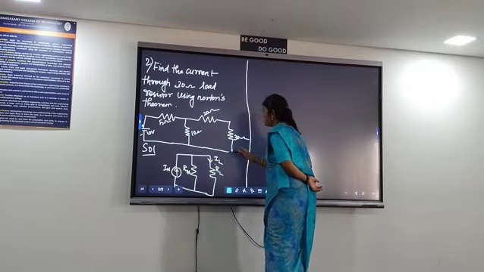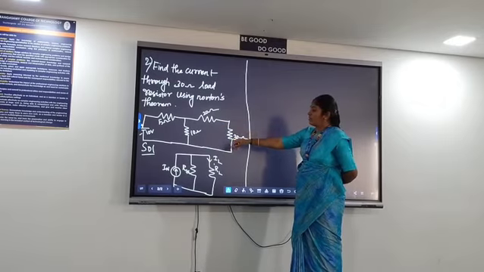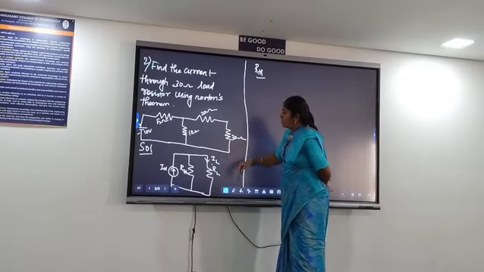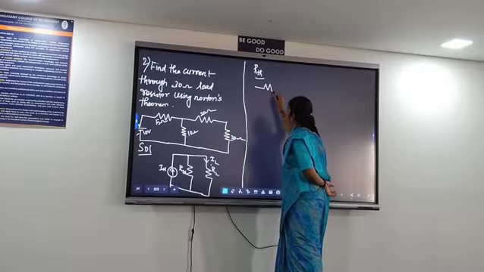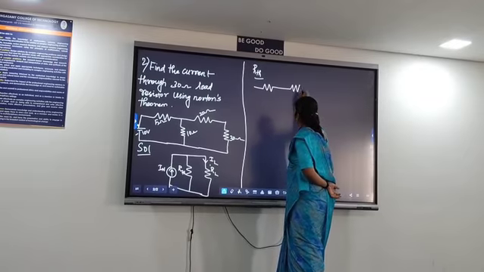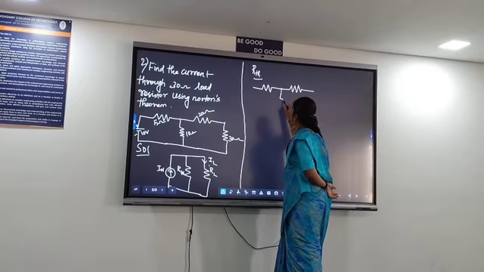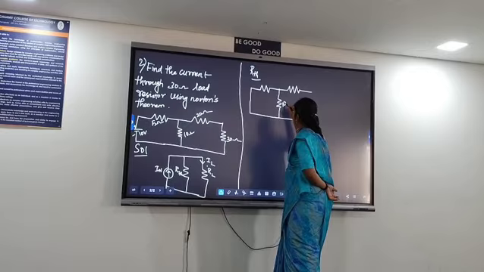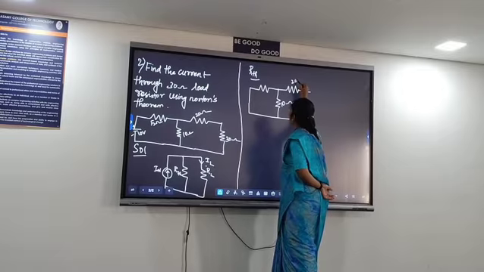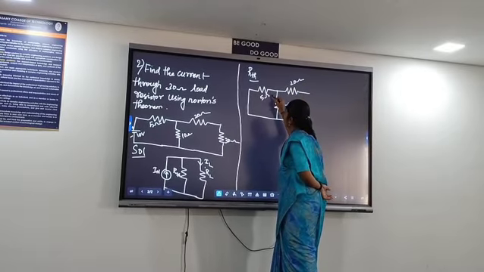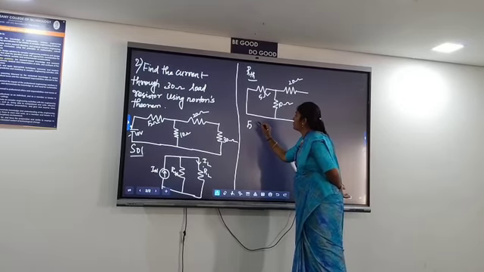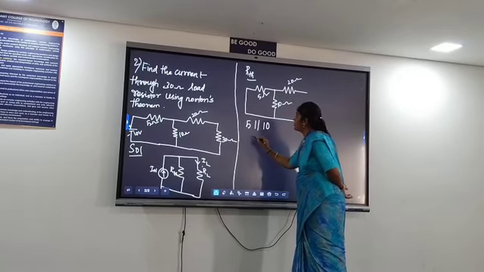As in the previous problem, we first find the value of RTH. Take off all the sources, leaving only the resistors: 5 ohm, 20 ohm and 10 ohm. The 5 ohm resistor is in parallel with the 10 ohm resistor.